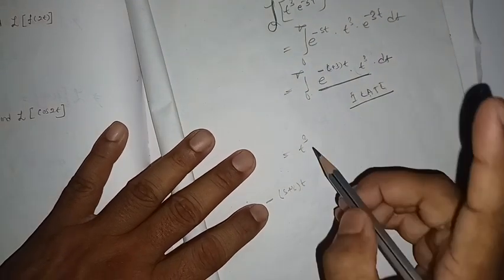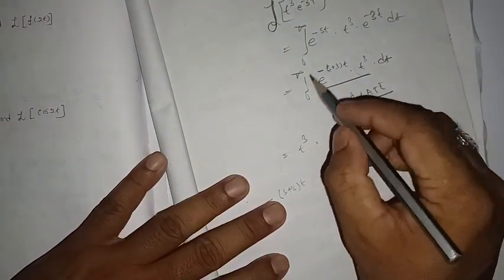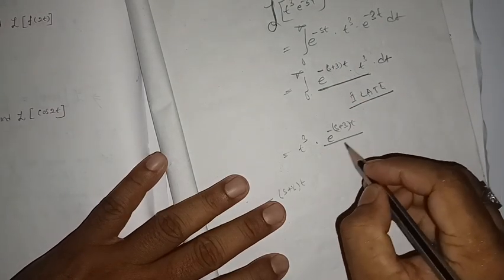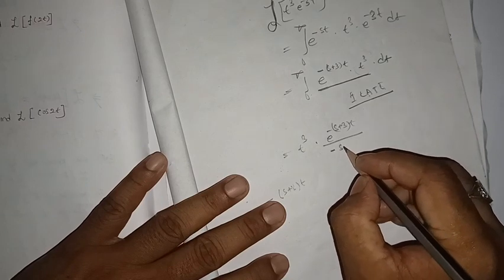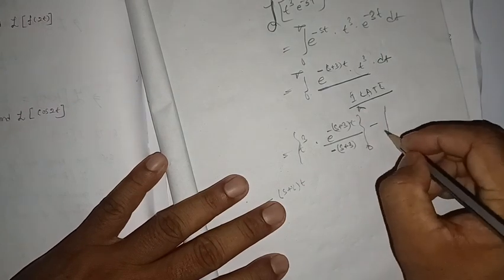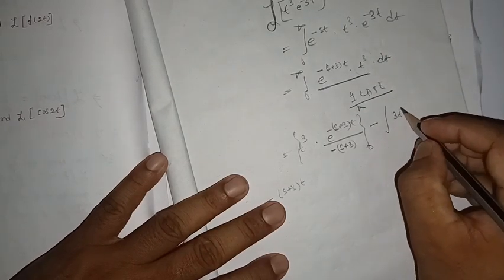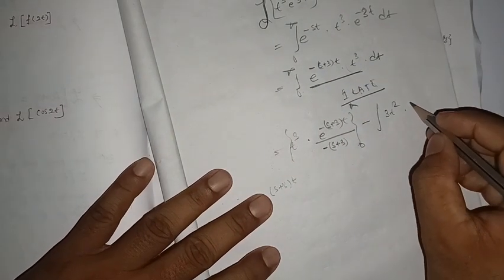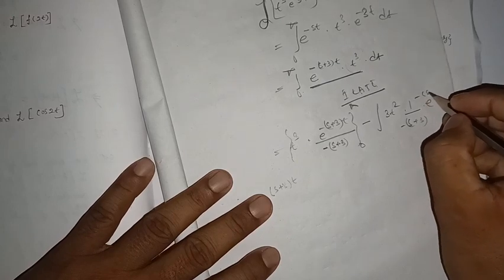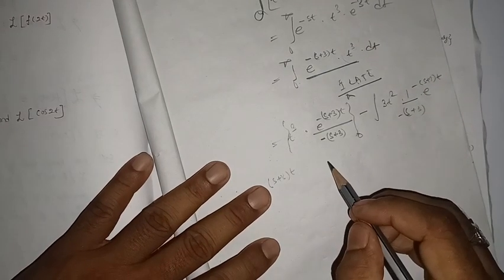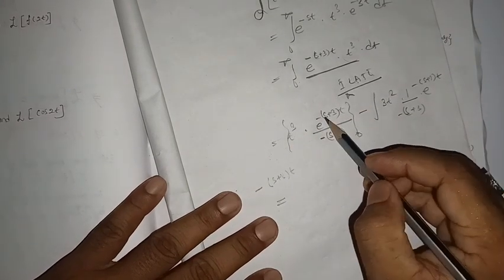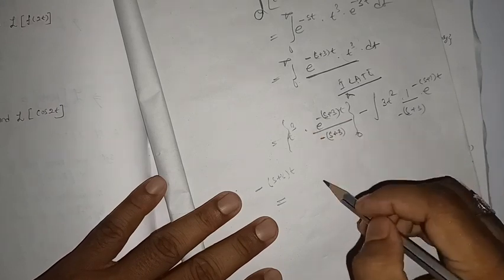So first time, if I do the integration, the integration of this one means e to the power minus (s plus 3)t divided by minus of (s plus 3), from 0 to infinity, minus the derivative of this one, 3t squared, and the integration of this one, that means 1 by minus of (s plus 3) into e to the power minus of (s plus 3) into t. Here you can see that this term will be 0, because if I put infinity this term will be 0, and if I put 0 then this term will be 0.